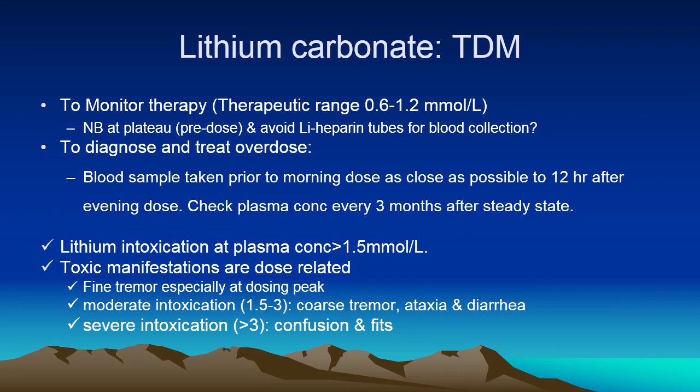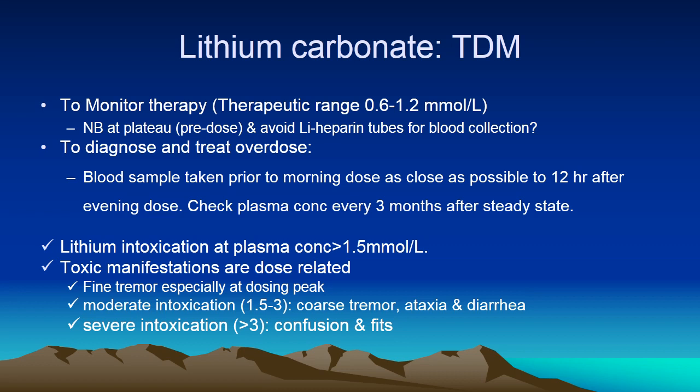Lithium carbonate is also another example for therapeutic plasma level monitoring, and this is done usually to maintain a therapeutic range of 0.6 to 1.2 millimoles per liter. It is done at plateau level, pre-dose estimation, and we should not collect blood in lithium heparin tubes.